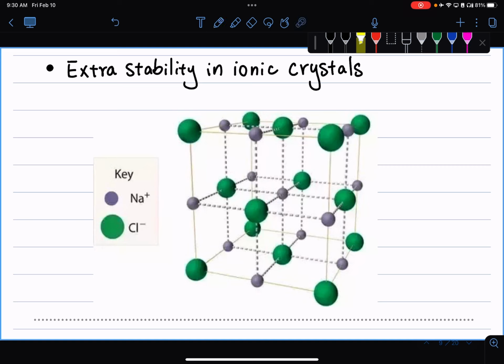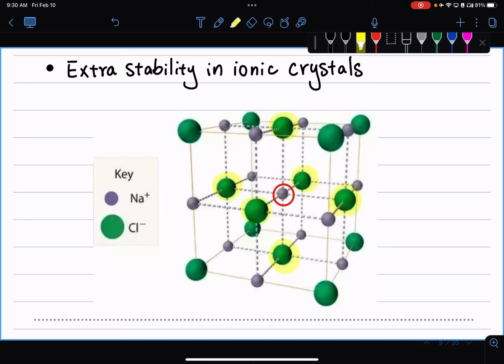What we have is that every green dot here is a chloride minus, and every gray dot here is a sodium plus. So let me just circle one of the sodium plus that's in the middle, right? Every sodium plus is surrounded by multiple chloride minus.